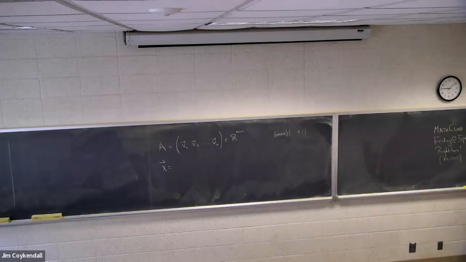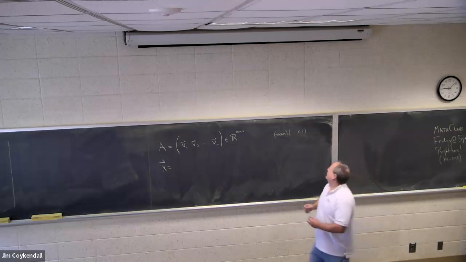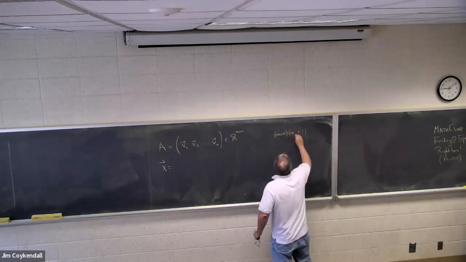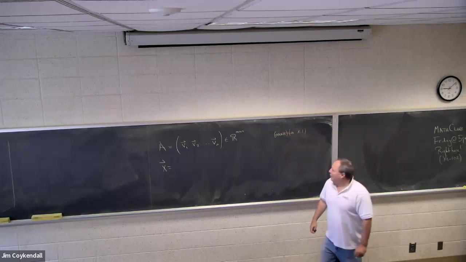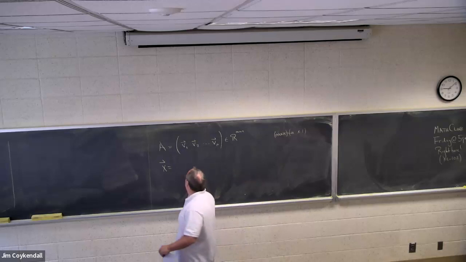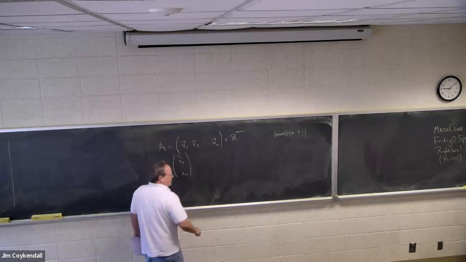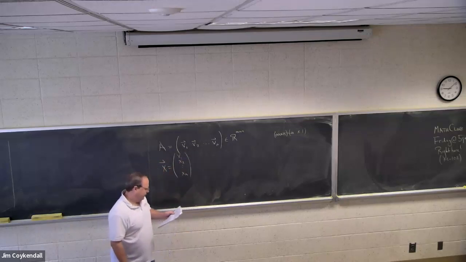How tall must my vector be for me to be able to multiply it? Right, because remember we've got to match here. So x must be an n row, one column matrix. You've got to have that matching to make this work.